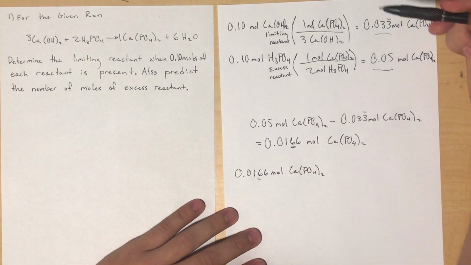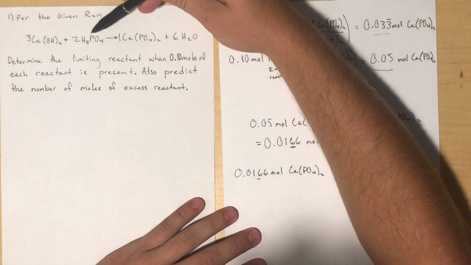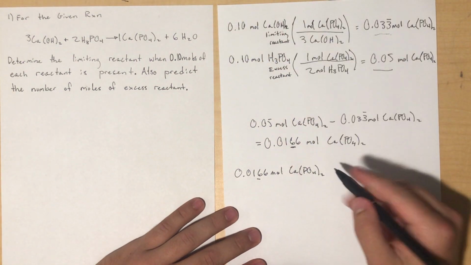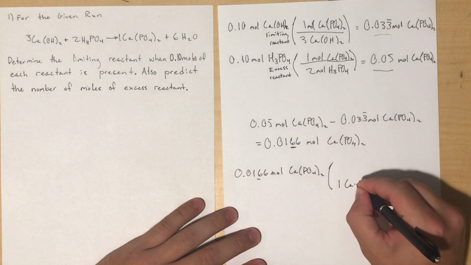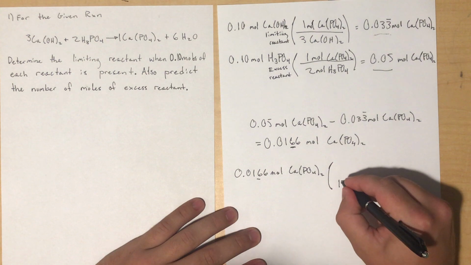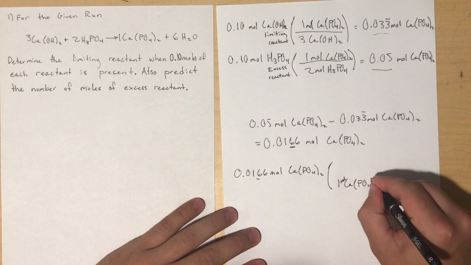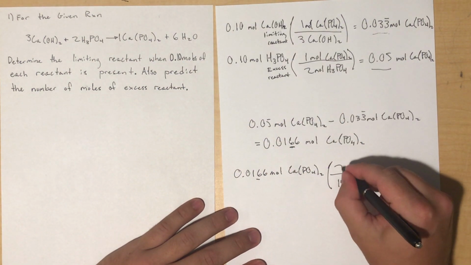We're going to look at the coefficients again. So for every 2 moles of the reactant, we have 1 mole of product. To cancel it out, we have 1 mole of product for every 2 moles of the reactant.